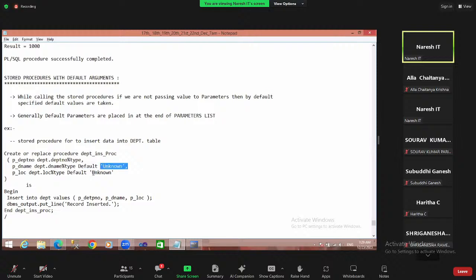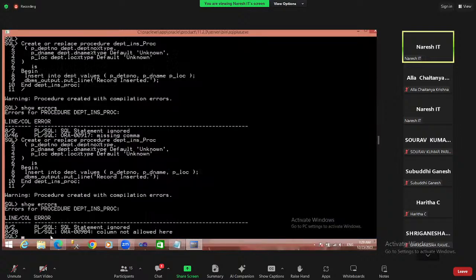DEFAULT 'unknown' IS BEGIN INSERT INTO DEPT VALUES. Put_line, record inserted, DEPT_INSERT_PROCEDURE. Where is the error in this program? Here, line number 8.